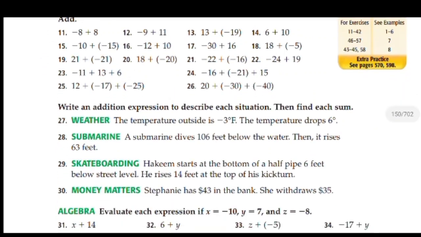Write an addition expression to describe each situation. Then find each sum.